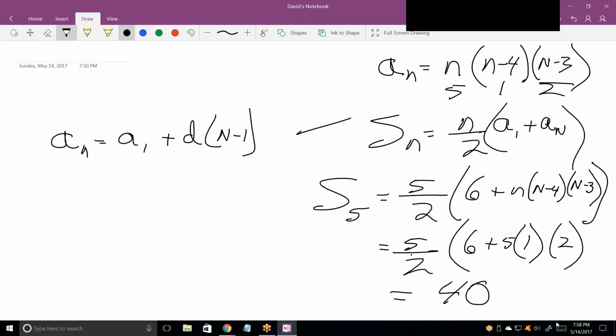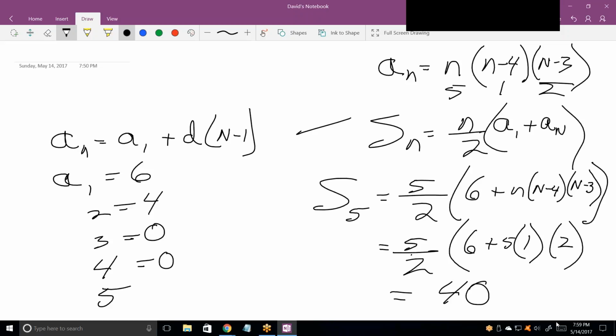And yet, if I list the first 5 terms of the sequence, we got 6, 4, the third term was 0, the fourth term was 0, and the fifth term is 16. I add up those first 5 terms, I get 26.